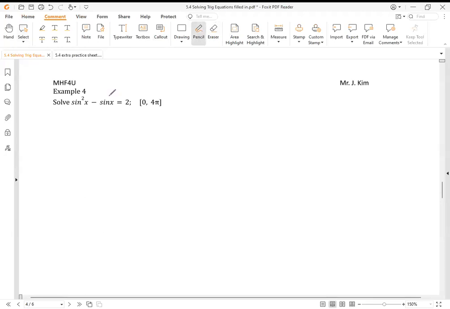This is going to end up becoming sine squared x minus sine x minus 2 equals 0. And yes, I am asking you to find all possibilities within 2 quote-unquote rotations from 0 to 4 pi. We'll worry about that after, okay?